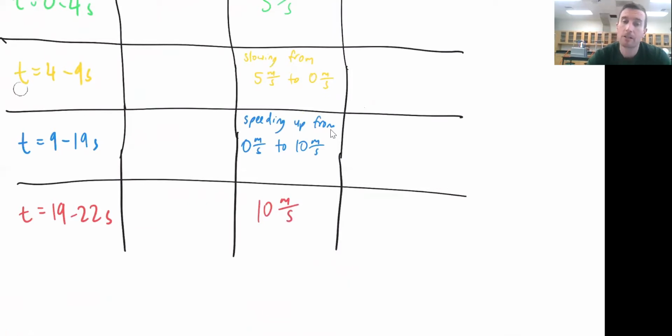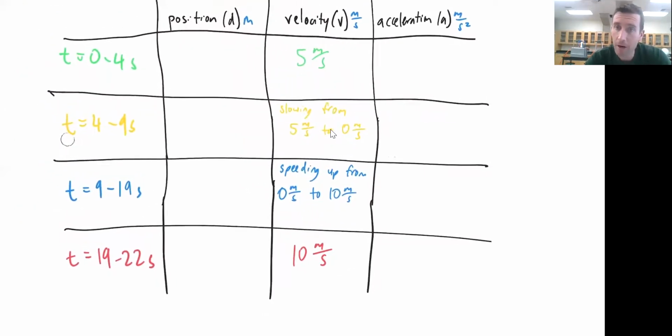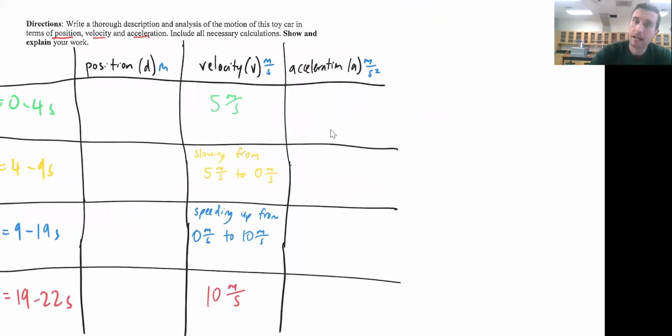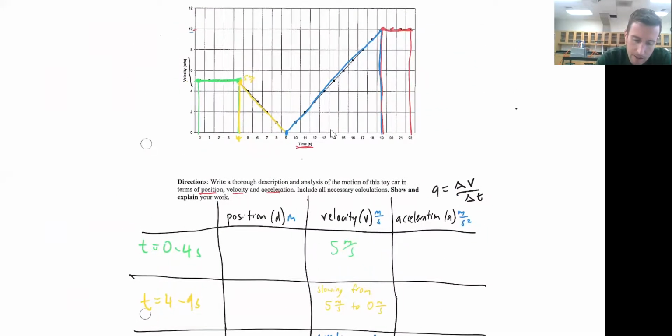Okay, so now I feel pretty good about my velocities. The next part to figure out would be my acceleration. And for acceleration, I could think about the equation. I remember that acceleration is equal to the change of velocity over the change of time. So in the first section from 0 to 4 seconds, velocity starts at 5 and ends at 5.